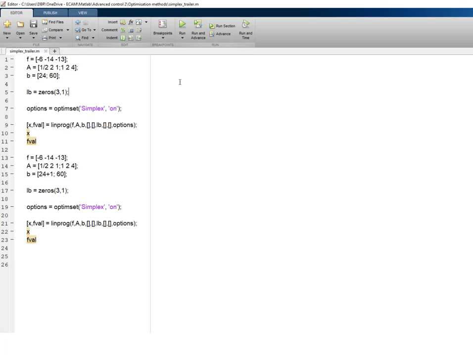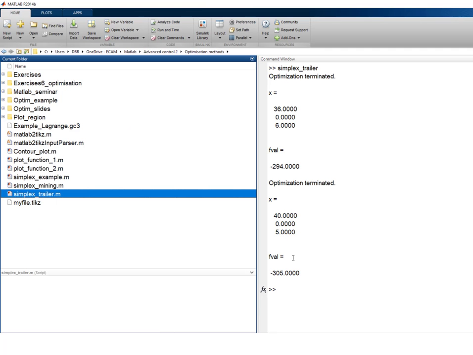Well, let us run this code and check the result, and indeed we see x1 is equal to 36 and x3 is equal to 6, x2 is set to 0.